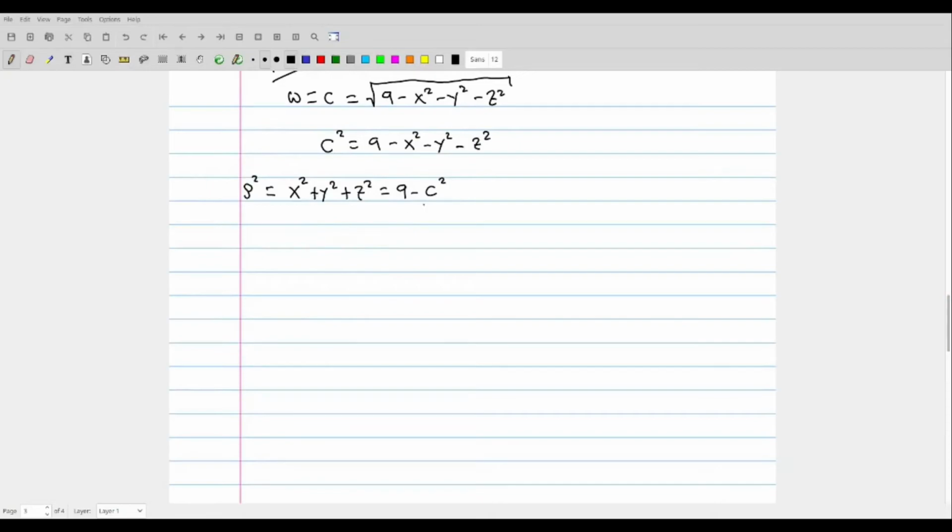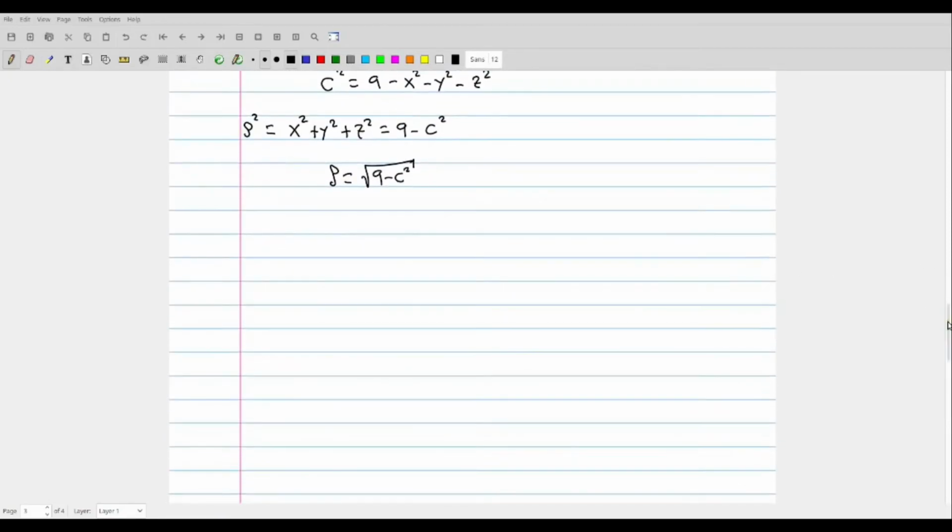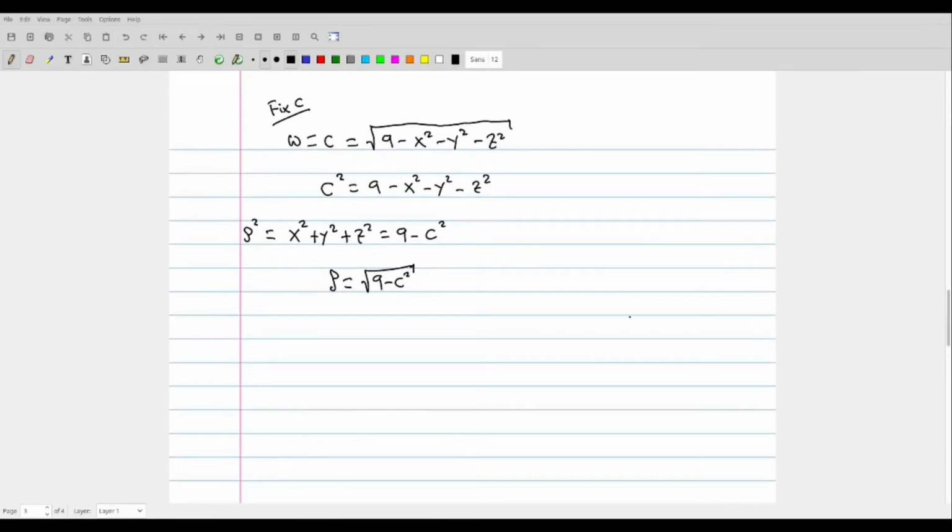So that means that for a fixed value of c, rho is equal to the square root of 9 minus c squared. So what that means is that we get a sphere of radius square root of 9 minus c squared for any fixed value of c.